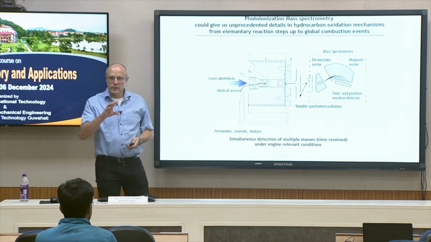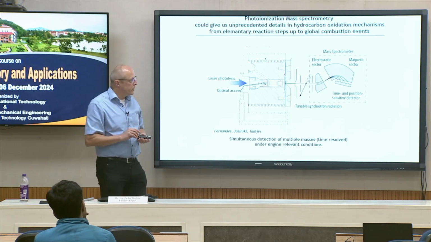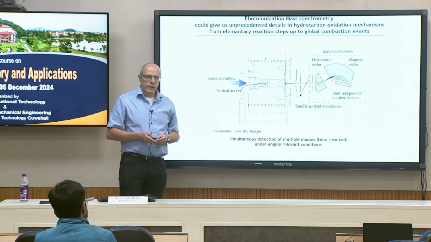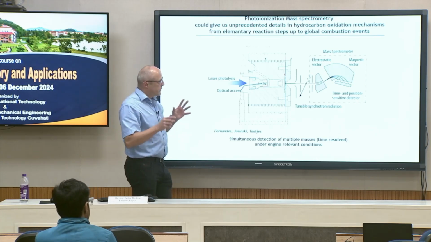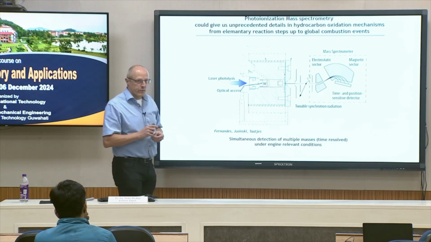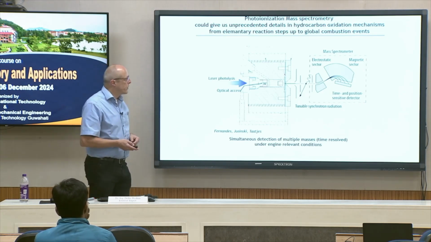We suck some part of the mixture into the mass spectrometer and then analyze the mass of the different molecules we have in this specific region.